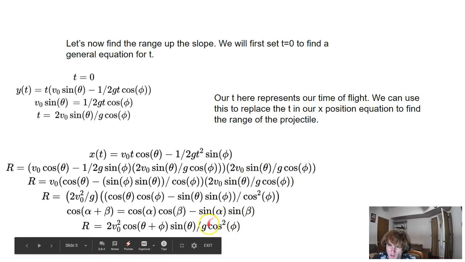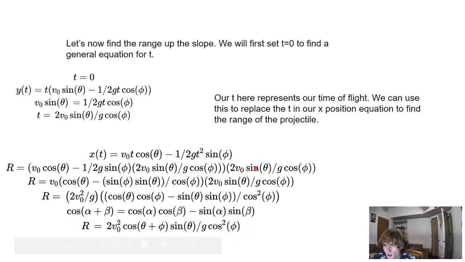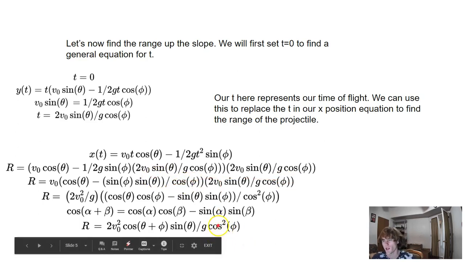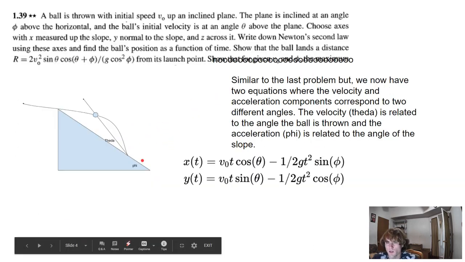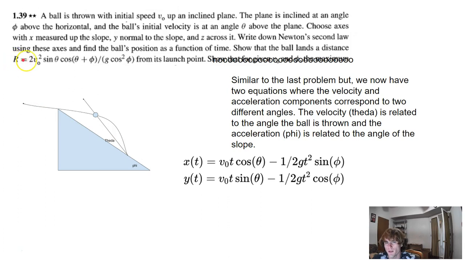And then we have a cosine squared of phi, because we had 2 t's, and there's 2 cosines of phi at the bottom, so we just have the cosine squared of phi. We'll check that against our original problem, and yep, we got it.